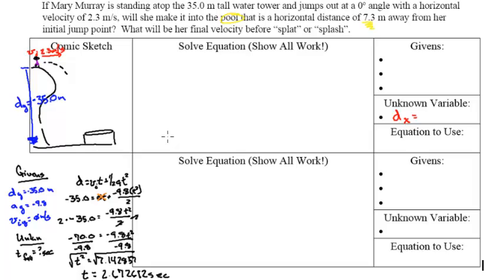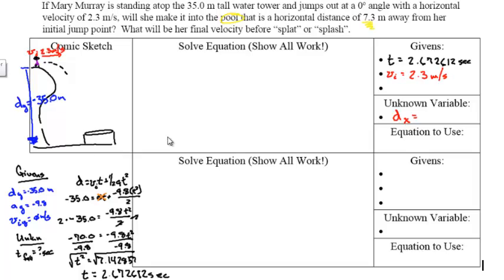Okay. And now I can use that information to help me in both the x and the y axis. So I can use this as a given. Let's see, what else do I know? In the x-axis, I know that velocity initial equals 2.3 meters per second.